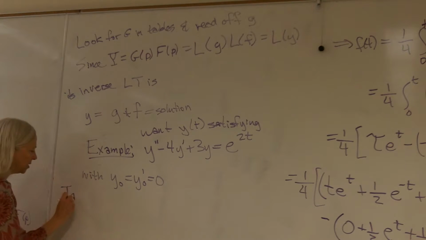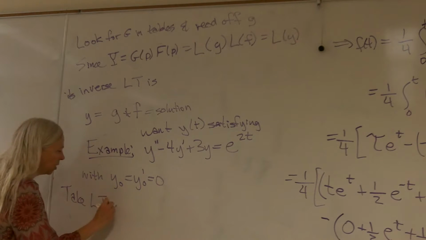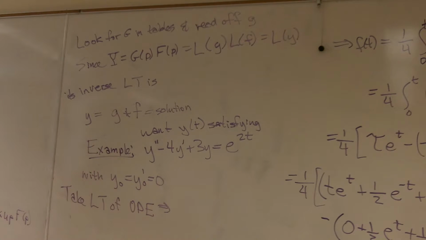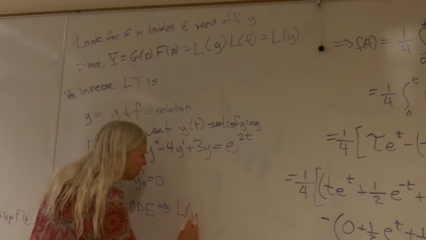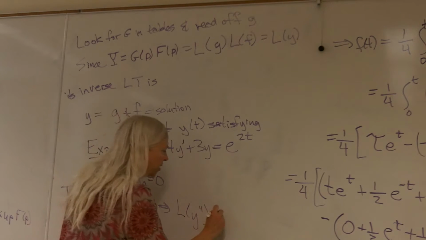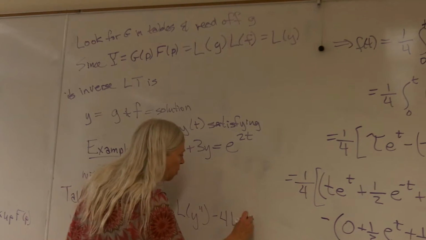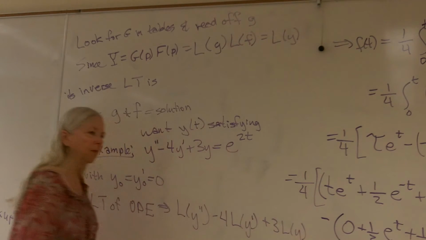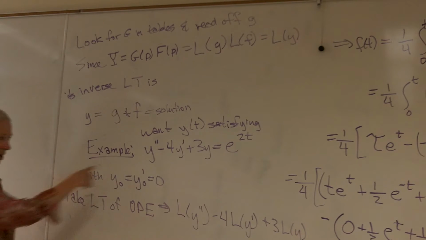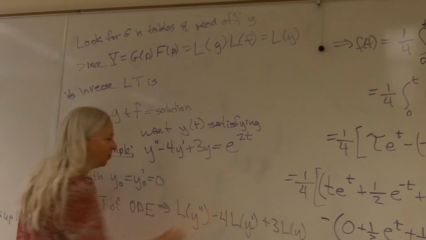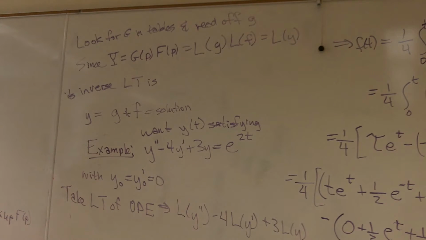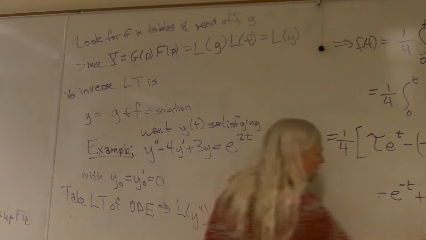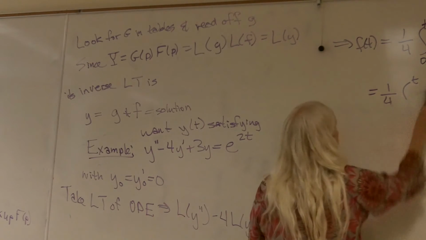Okay, so we're going to take the Laplace transform of our ordinary differential equation. So we get the Laplace transform of y double prime minus 4 times the Laplace transform of y prime plus 3 times the Laplace transform of y. Remember, the Laplace transform operator is linear, so we can do that. When you have a Laplace transform of a sum or a difference, we can take the Laplace transform of each term separately, and any constant coefficients can be pulled out in front.